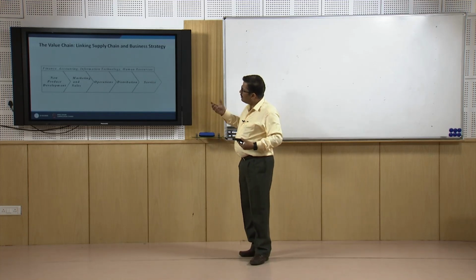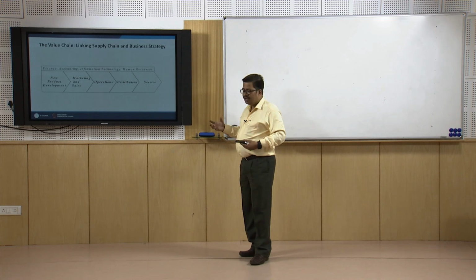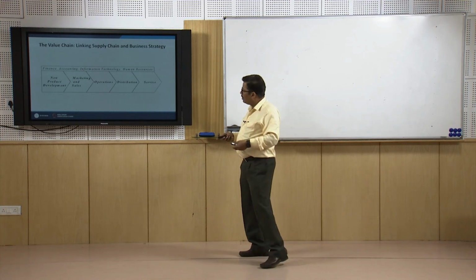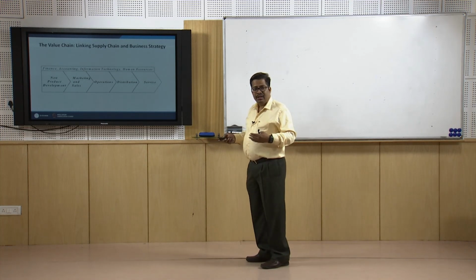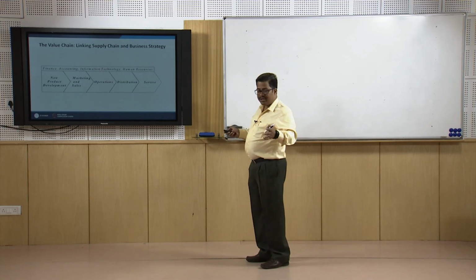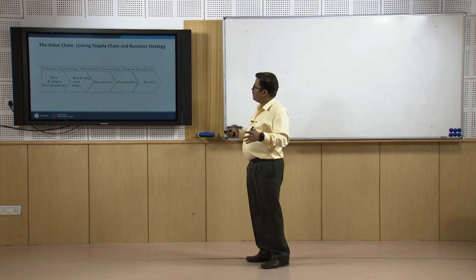So, this is the value chain which links the supply chain with the business strategy of the organization, and therefore we are very much concerned with what type of supply chain strategy we adopt so that the competitive strategy of my organization can be achieved.